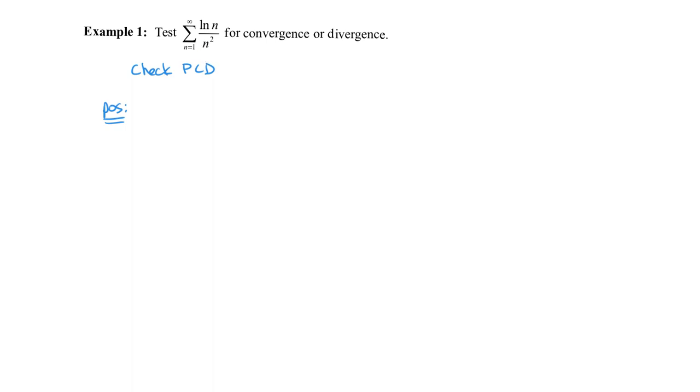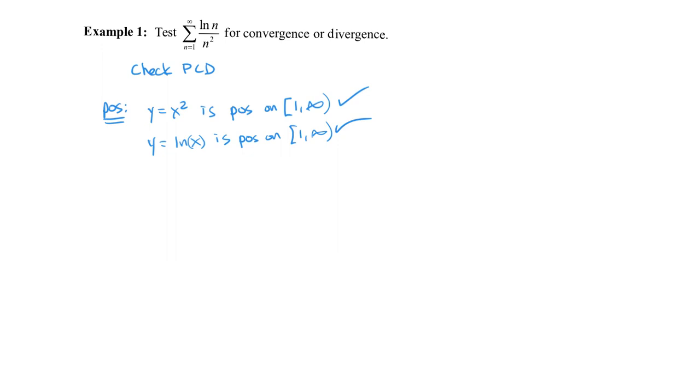Y equals x squared is definitely positive on this interval that we're interested in, 1 to infinity. So that checks. And then the numerator also, y equals natural log of x, is also positive on 1 to infinity. So we are good to go there.